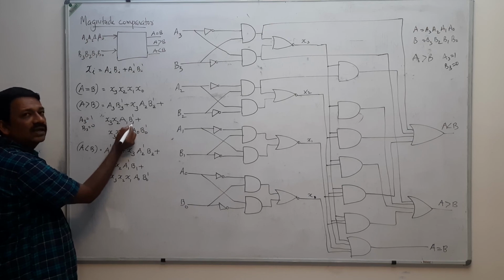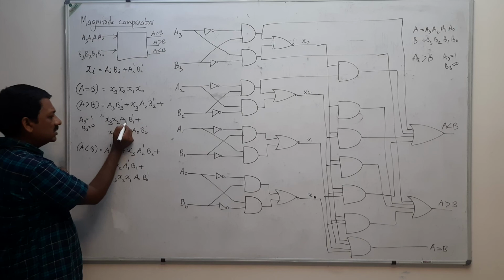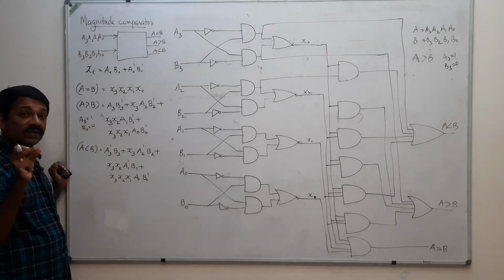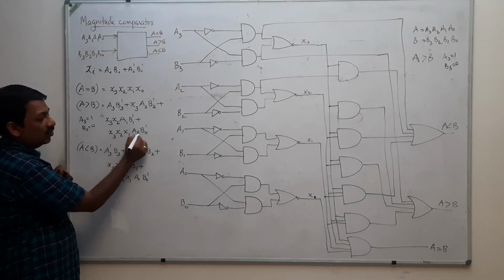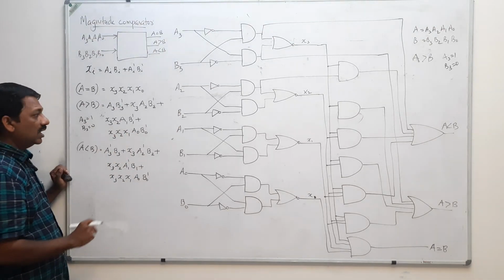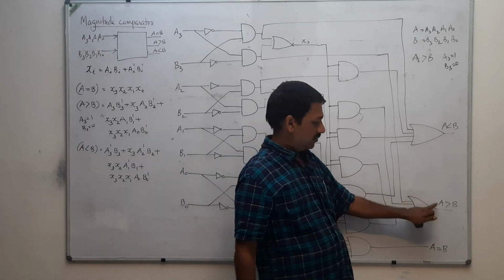If A1 is greater than B1. If A1 and B1 are same, what will happen? This X1 is also 1. Now we are going to have X3, X2, X1 into A0, B0. Then checking whether A0 is greater than B0. That means this is A greater than B.